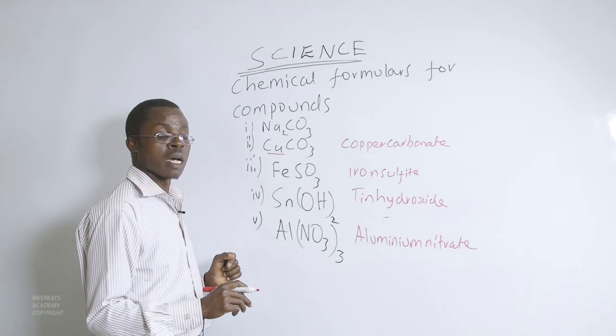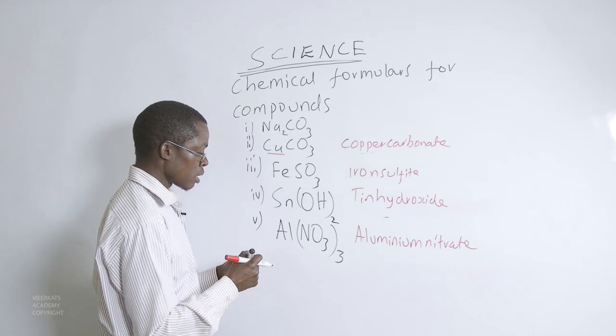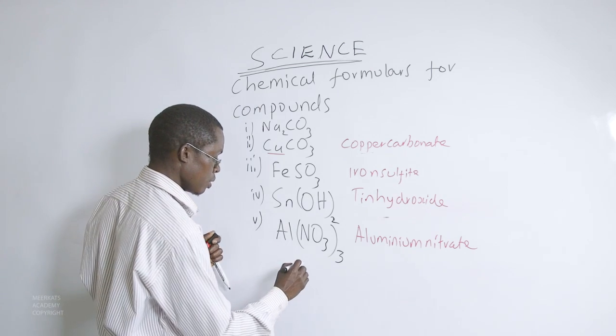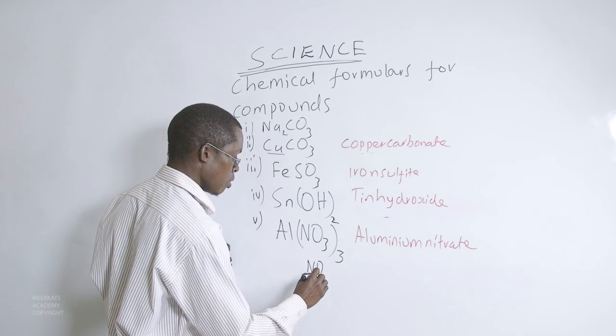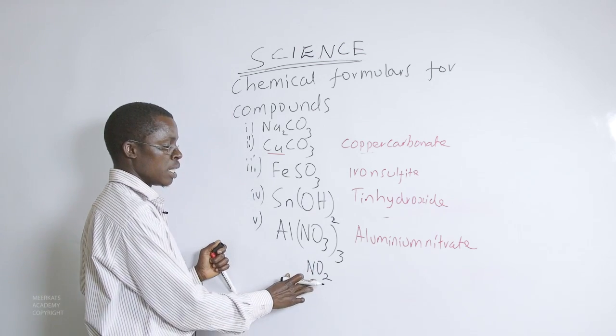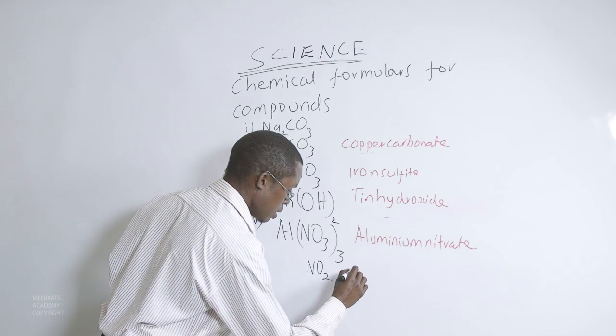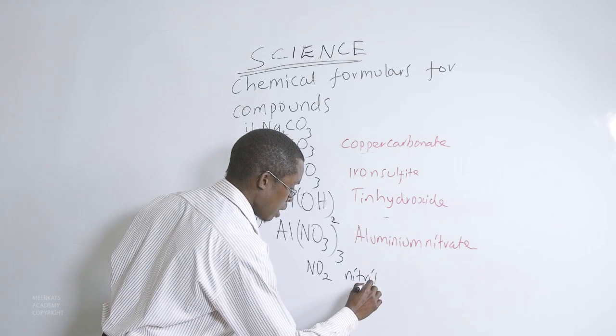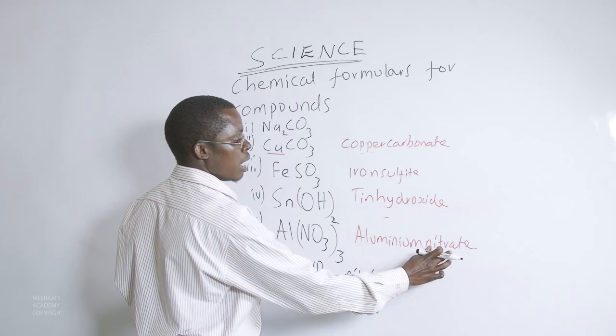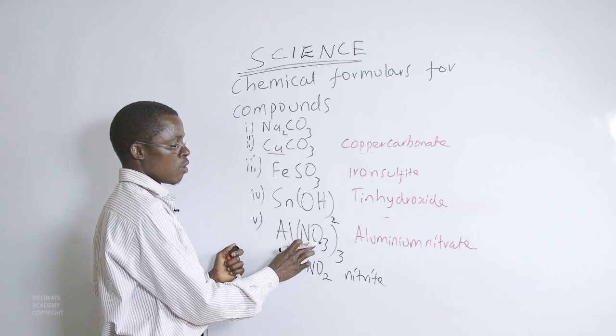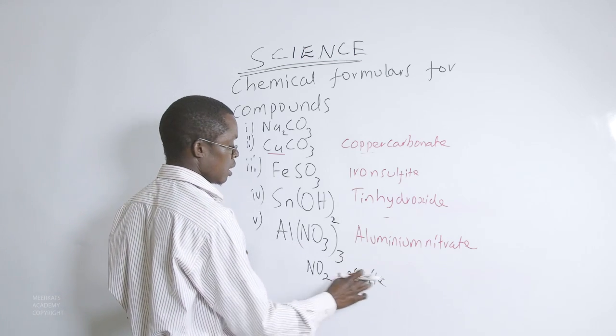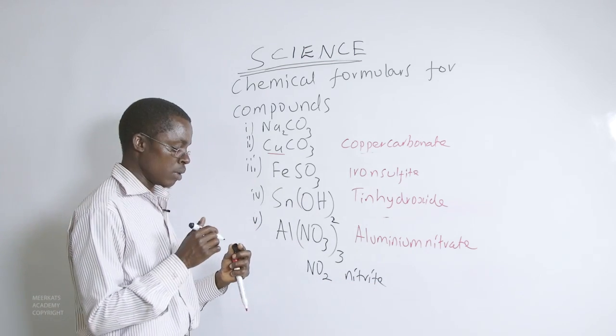We have nitrite and nitrate. Nitrite is written as NO2. This is a nitrite. But ATE is O3. ITE is O2. That's the difference.